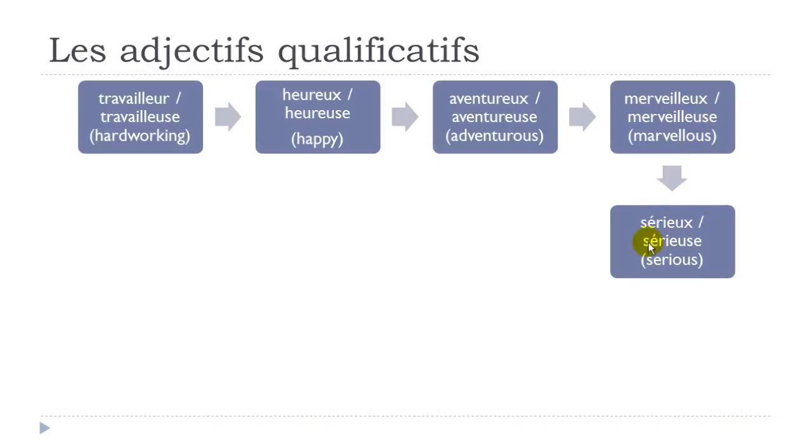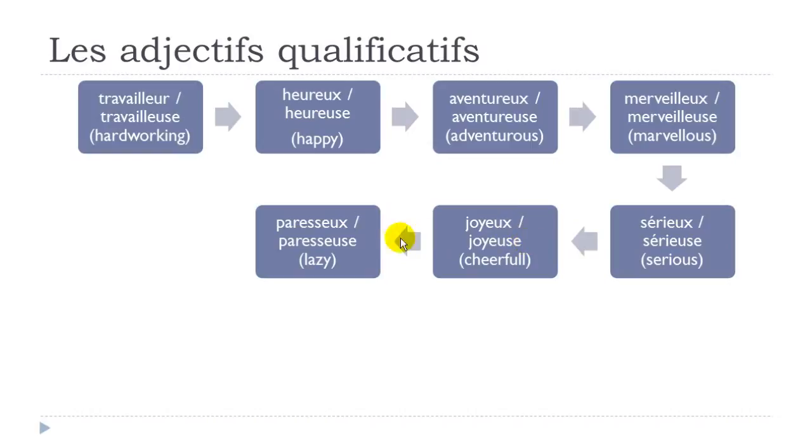Sérieux, sérieuse. Joyeux, joyeuse. Paresseux, paresseuse. Naturel, naturel. So here you can see that we write them differently, but phonetically they are the same. Listen, naturel, naturel. Okay, same way of saying them.